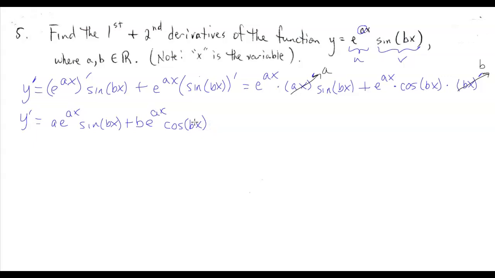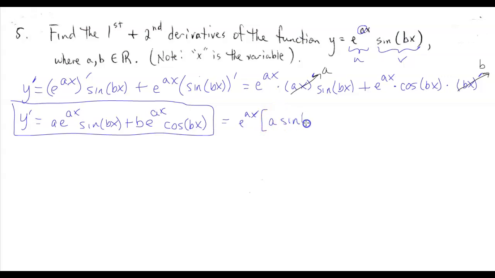Okay. And so this is our first derivative. Now, if you prefer, we could actually go ahead and factor out the e raised to the ax here for both terms, and you just have a sine of bx plus b cosine of bx.